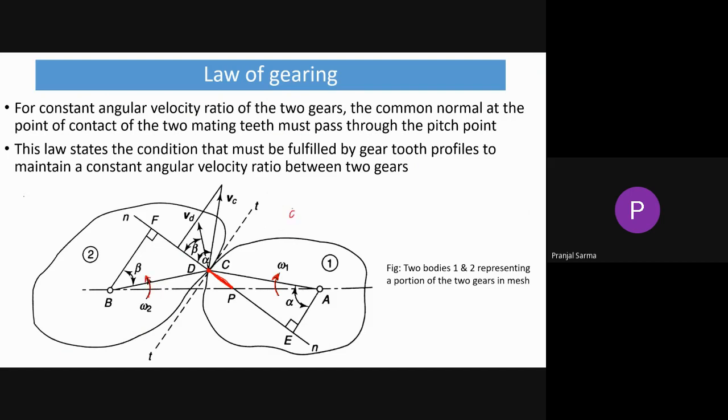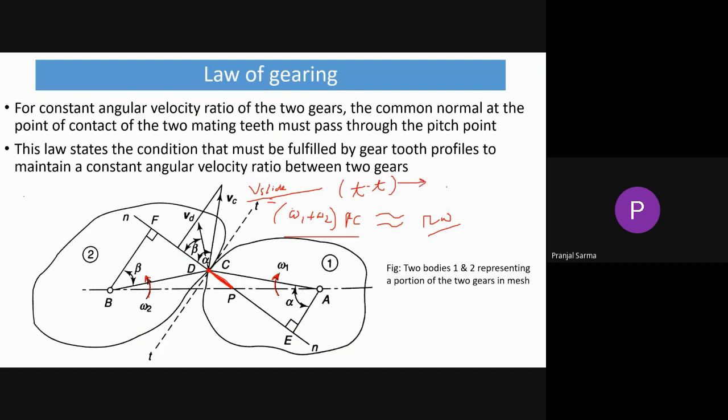So omega 1 plus omega 2 into PC, this particular distance, is equivalent to that r omega that we already know. And this is the velocity of sliding, in the common tangent direction.